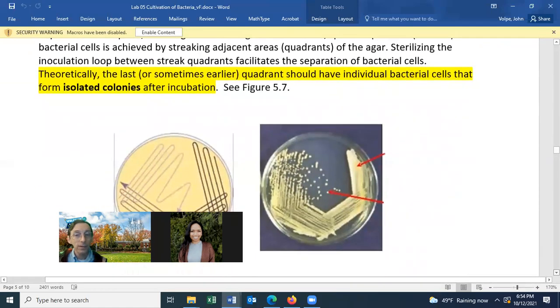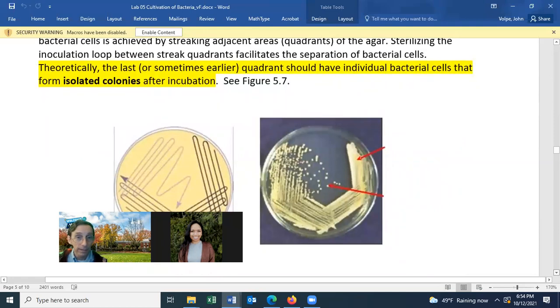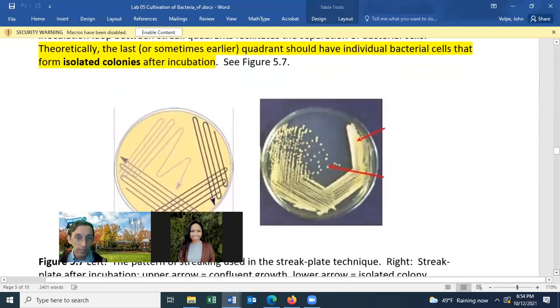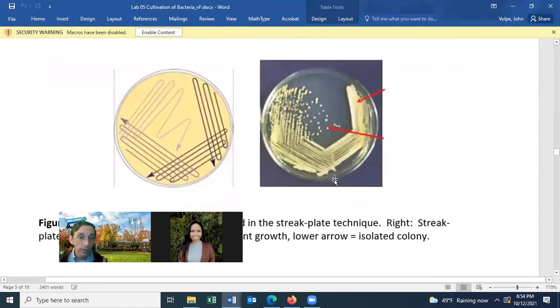So let's talk about ways you can get pure cultures. Theoretically, the quadrant should have individual bacterial cells from isolated colonies after incubation. What you do is you get your bacteria on your loop and then do streak 1, quadrant 1, right there.